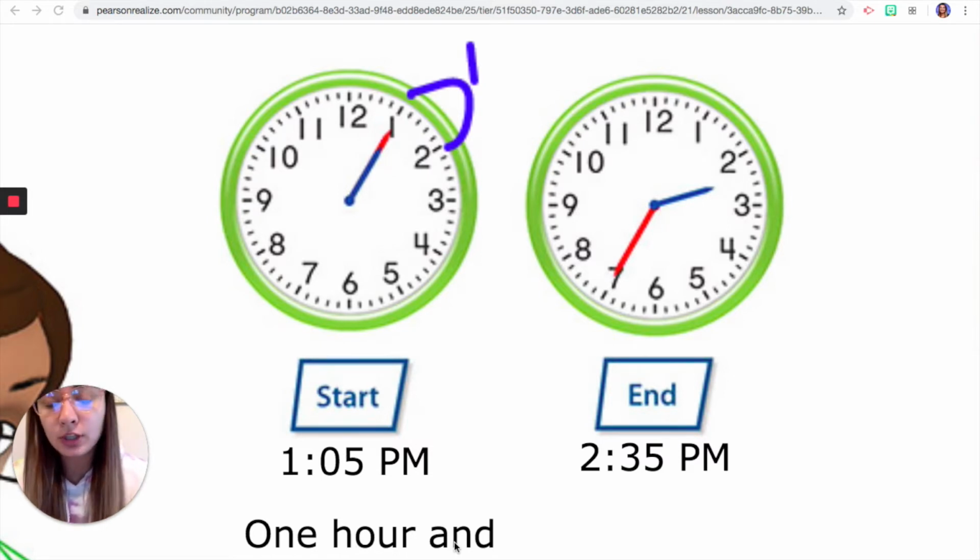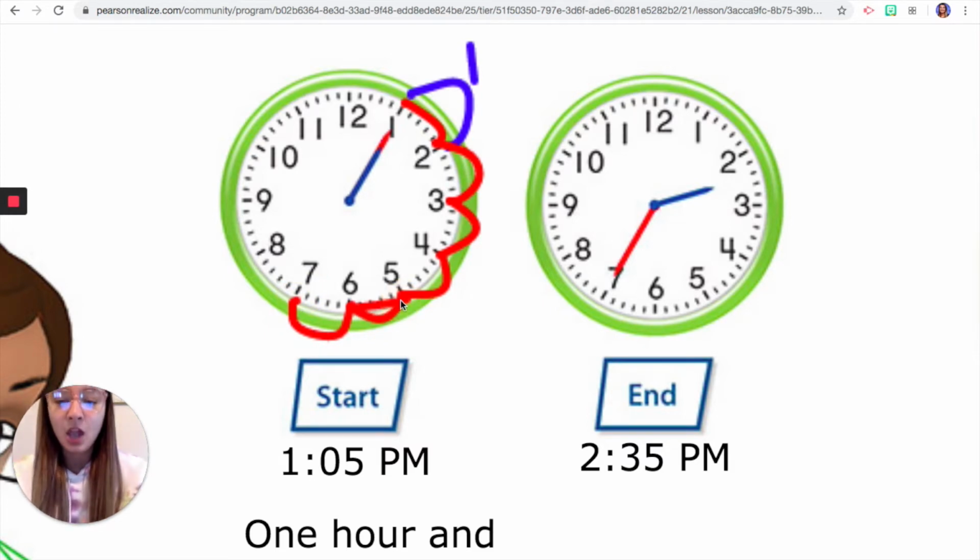So what I'm going to do is look at my minute hand, or the red hand, and I'm going to see that it went from 1 to 7. So I'm going to take my red tool and jump that many times. 1 to 2, 2 to 3, and I'm going to go all the way until I get to 7.